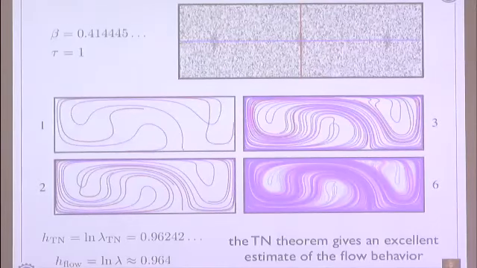Okay, so for this lid-driven flow with these very special choices of parameters, we have 3 periodic orbits in the flow. Now if we apply this flow protocol after 1, 2, 3, 6 iterations, you can clearly see the exponential stretching.